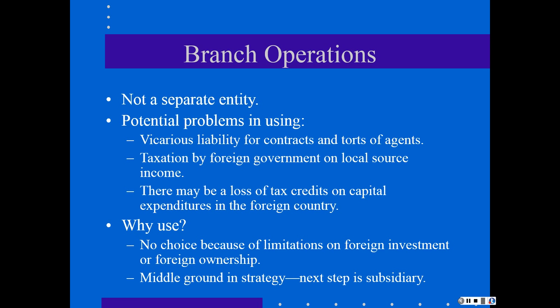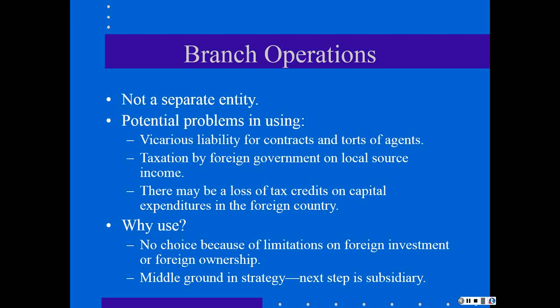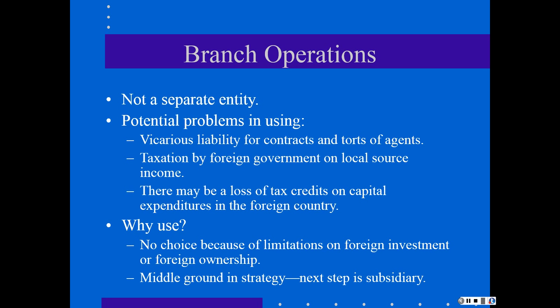When I was in China in March of 2002, China had just allowed the first U.S. bank, Citibank, to open up a branch operation in Beijing. Americans couldn't own a bank in China. We're allowed to use branch operations.